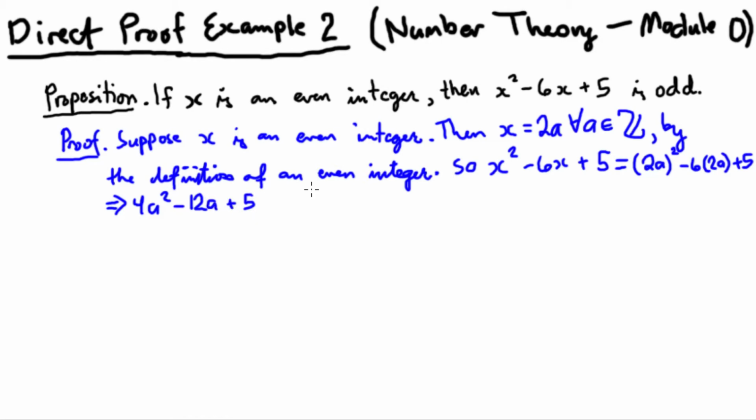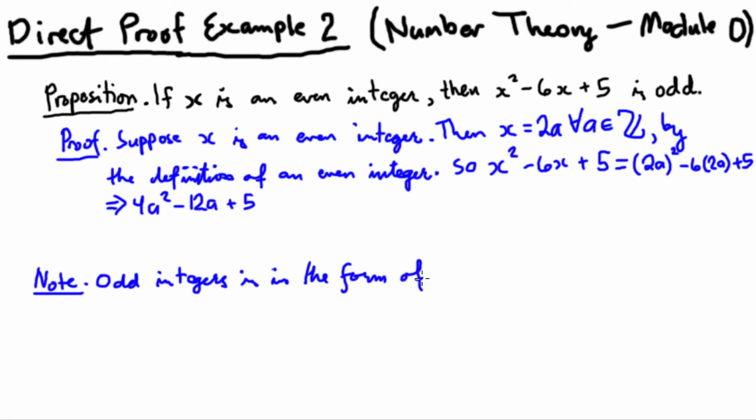Then we want to put it in the form of an odd integer. Note that an odd integer is in the form of 2a plus 1 for a in the integers.